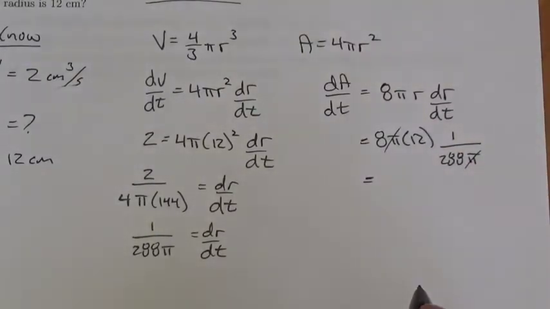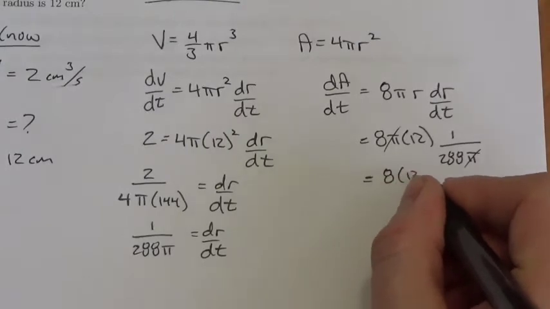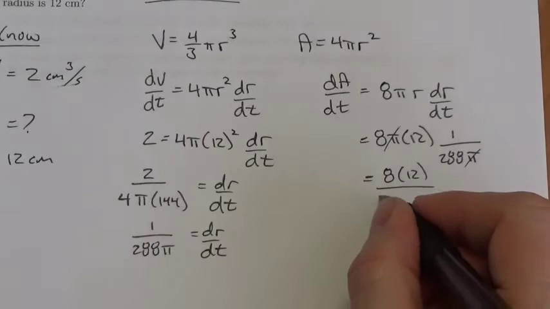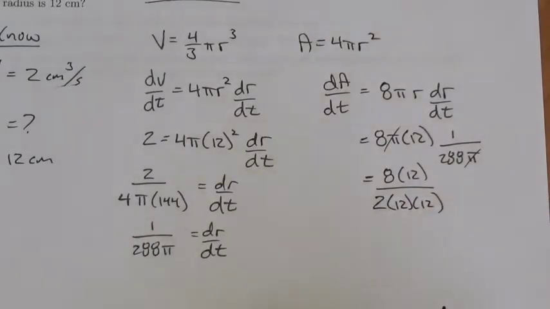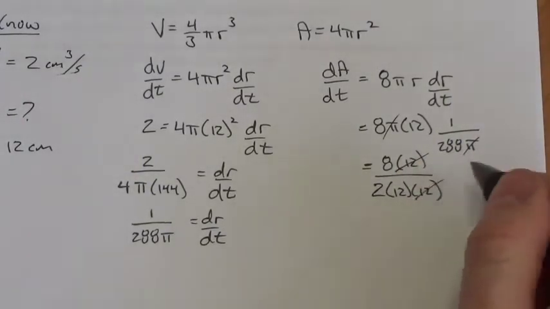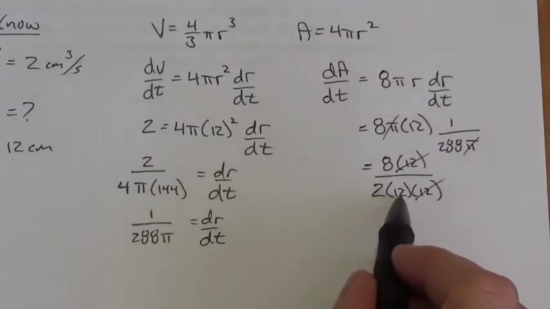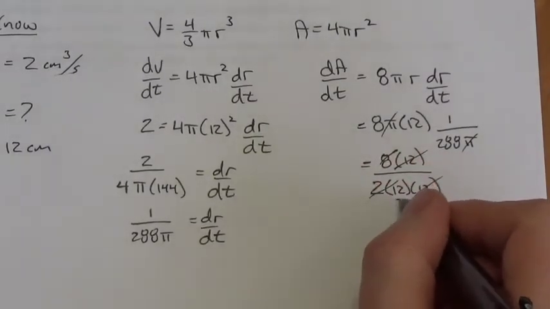That's good. Actually, I'm going to back this up a step because I know that this is 8 times 12, and I know that my 288 is going to be 2 times 12 times 12. So I'm going to factor things a little bit just to make that easier to work with. One of the factors of 12 is going to disappear. 12 has a 4 and a 3 in it, and 2 times that 4 is going to be 8, so that's going to cancel and leave me just with a 3.